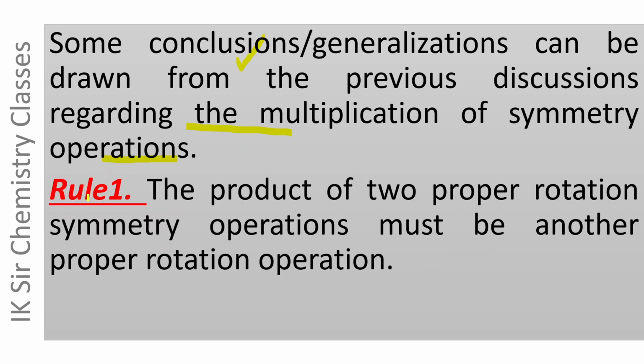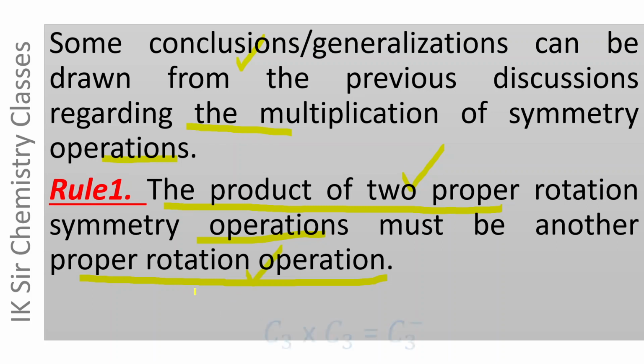The first one is given here: the product of two proper rotation symmetry operations must be another proper rotation operation. It means the product of two proper rotation symmetry operations is always another proper rotation symmetry operation.